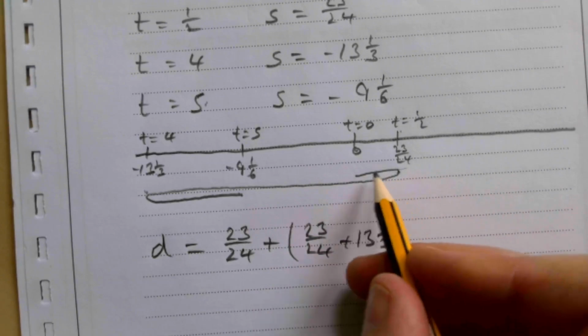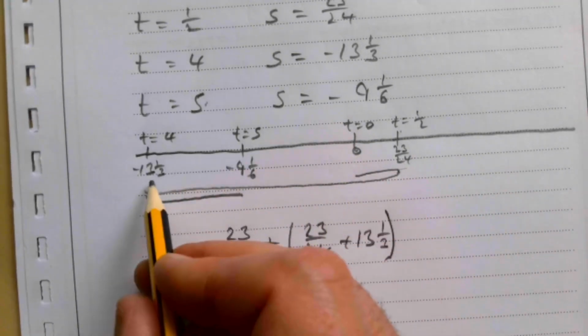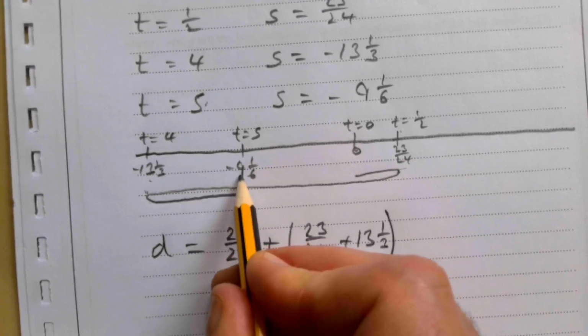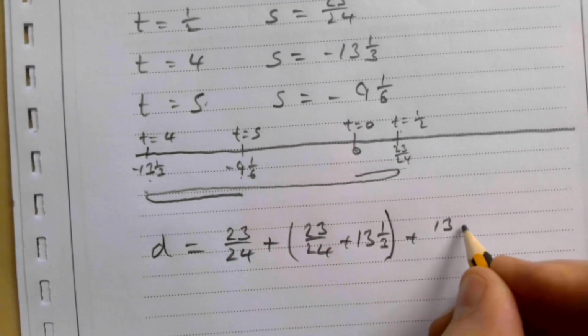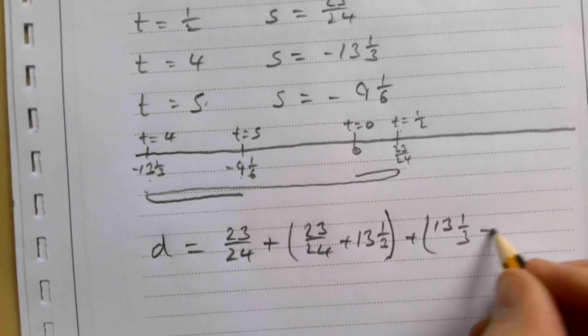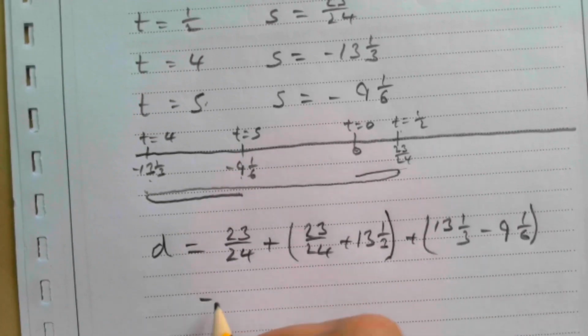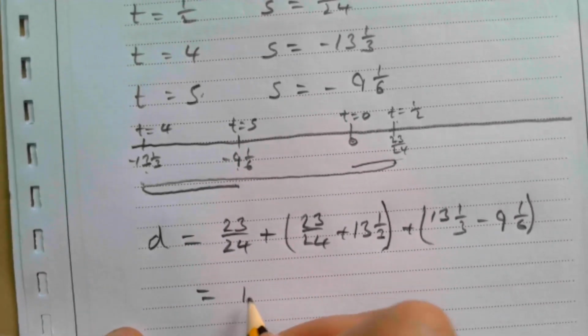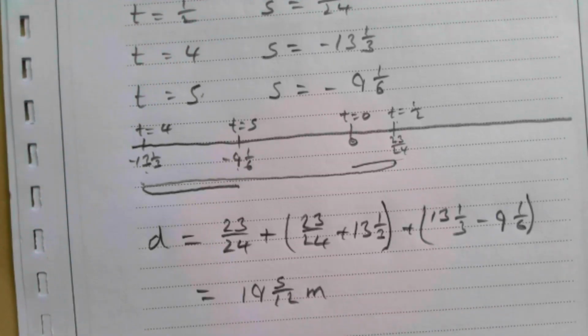So that's from there to there, then from there to there is that, and then from here to here, it's going to be 13 and a third, take away 9 and a sixth. If you put that into your calculator, you will get 19 and 5/12 meters.